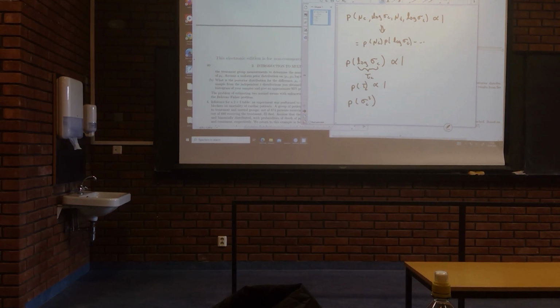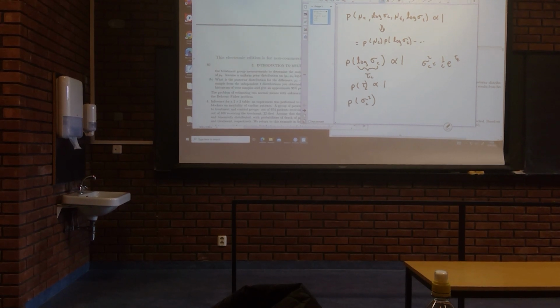Well, we can use the transformation rule, in that we have sigma c squared is equal to exponential of 2 tau c.